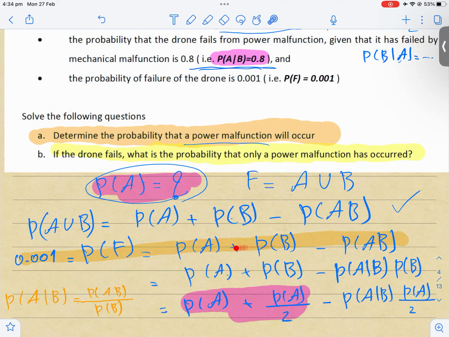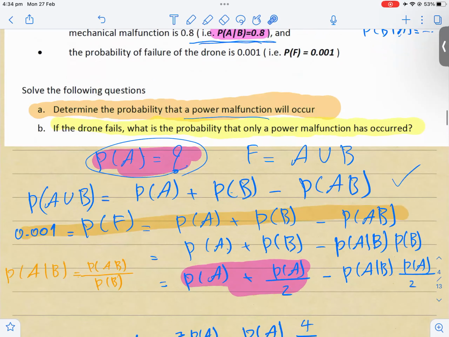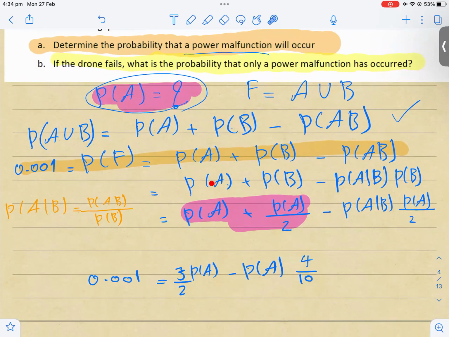So what I did here is nothing, I just substituted the probability of A union B, which is 1/1000, equal to the probability of A plus the probability of B. Instead of the probability of AB, I wrote this one. Why?